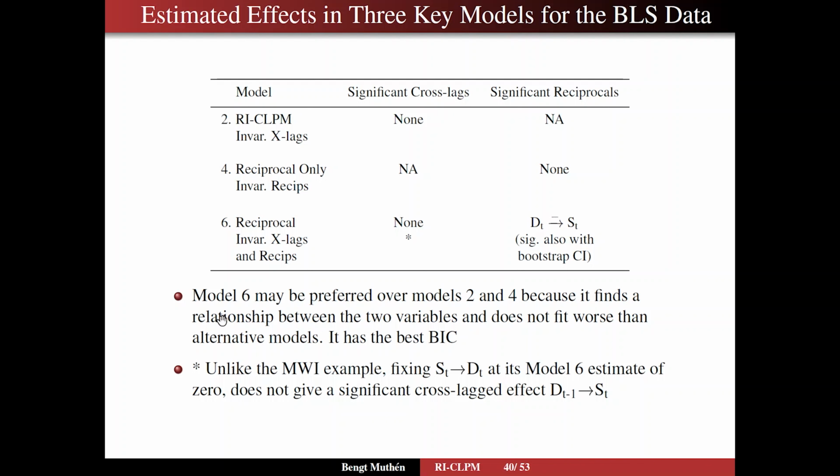And this model 6 may be preferred over models 2 and 4 because it does find a relationship between the two variables, and it does not fit worse than the alternative models. In fact, it has the best BIC. We'll leave the last comment for your own study.